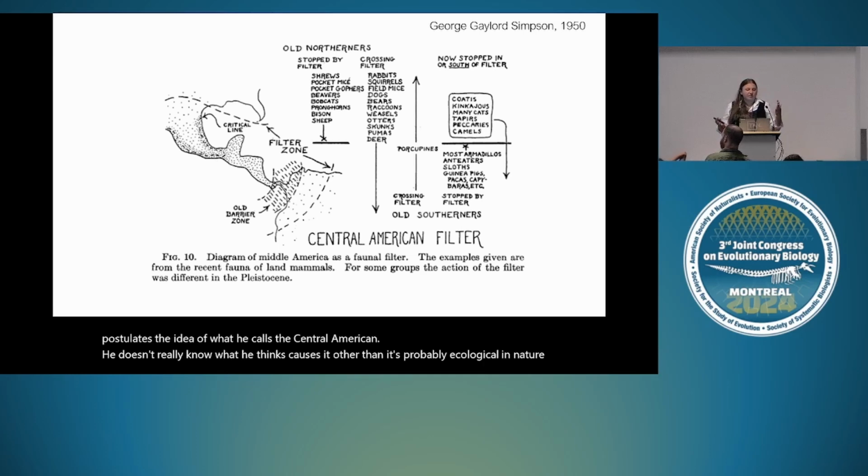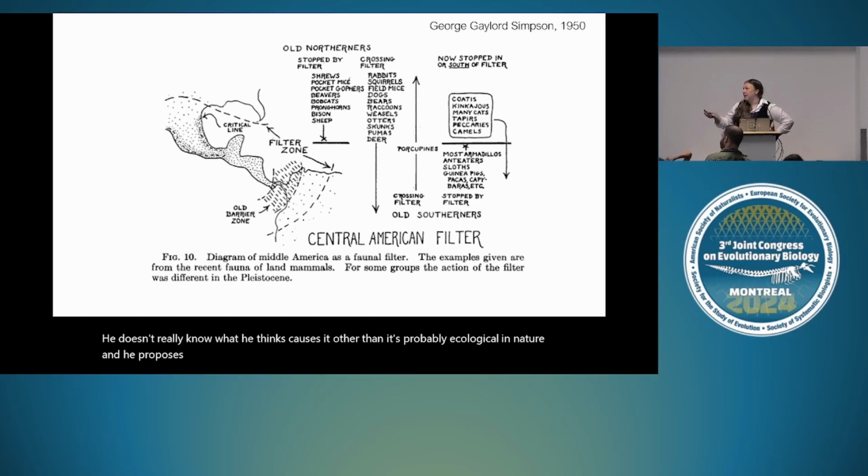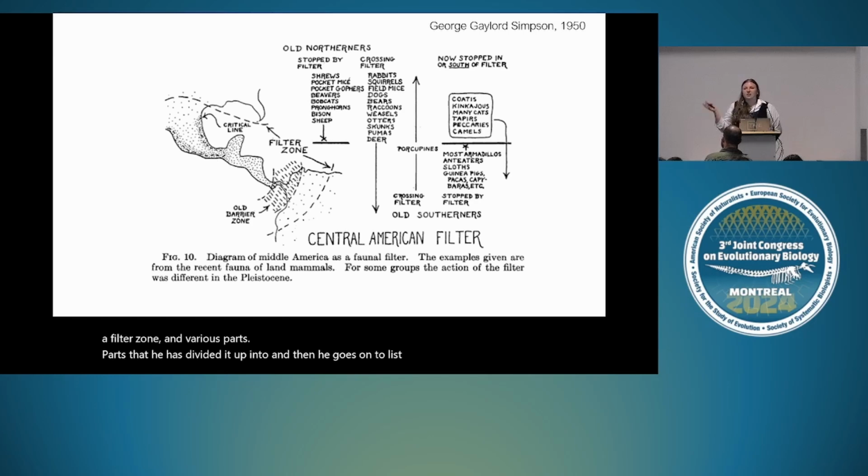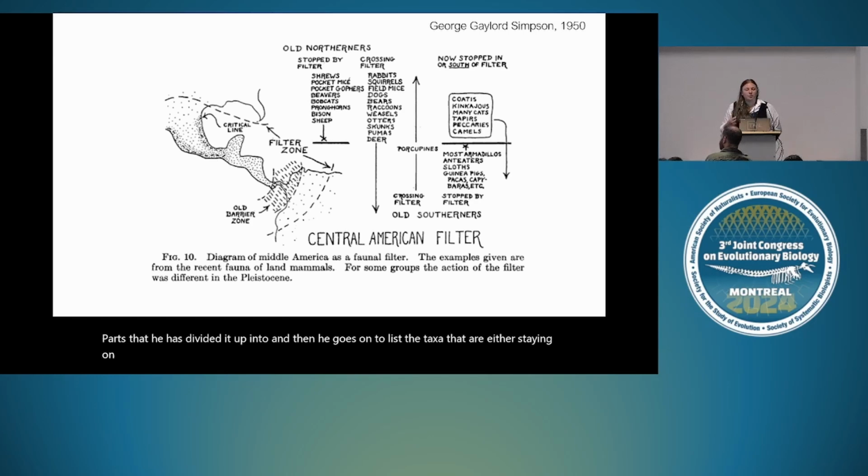He proposes various different barriers in this area. So you can see an old barrier zone, a filter zone, and various parts that he has divided it up into. And then he goes on to list the taxa that are either staying on their continent of origin or going to the other continent.